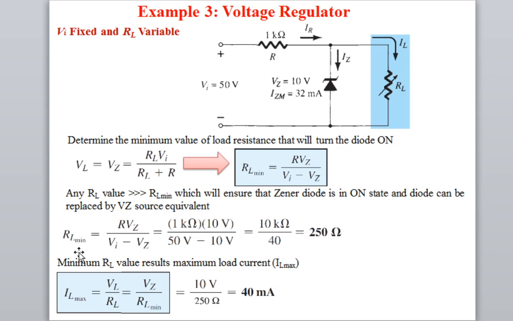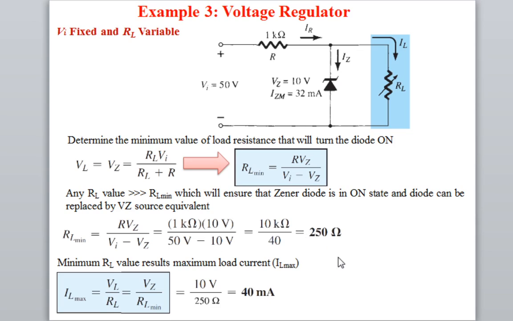So we can find out the RL minimum for this given problem. RL minimum is R into Vz divided by Vi minus Vz. R is known, that is 1 kilo ohm, Vz is equal to 10 volt, divided by Vi, that is 50 volt, minus Vz, 10 volt. So RL minimum, if you calculate, is 250 ohm.